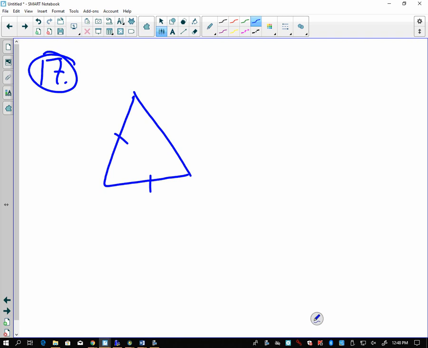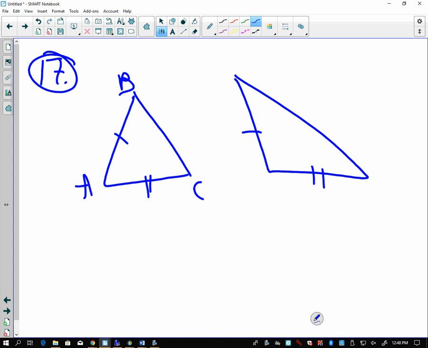triangles where two sides are congruent. So, this side over here, let's see if I've got A, B, C, D, E, and F. We're going to get something along the lines of, we will say that this is 40 degrees and this is 110 degrees.